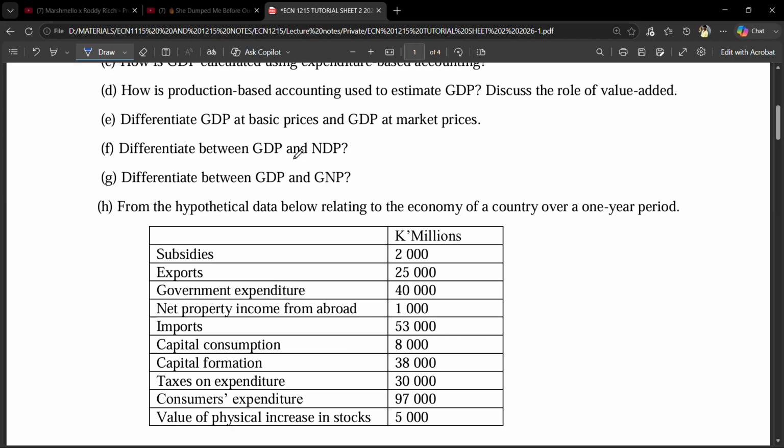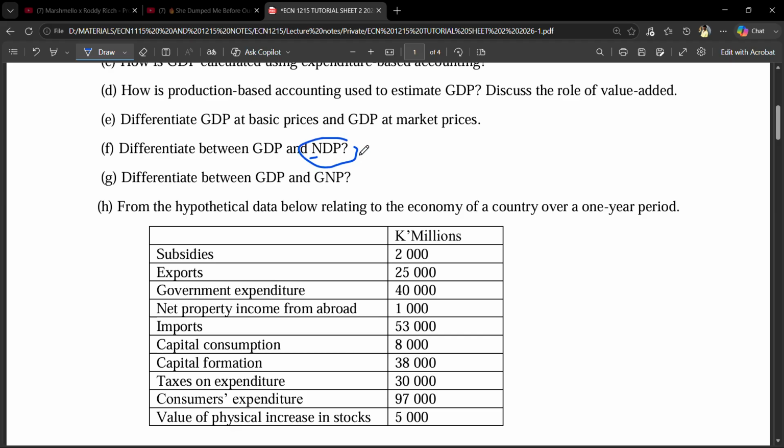Now, since we're removing depreciation, we go to net. Whenever you see net domestic product, we're simply removing depreciation, which means that we're telling ourselves that since the country was producing this much, the value that was actually added to the economy is this much.